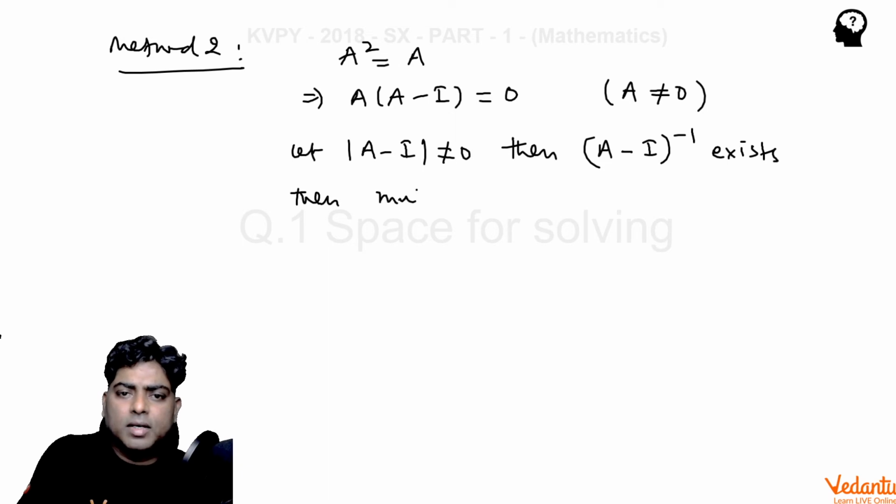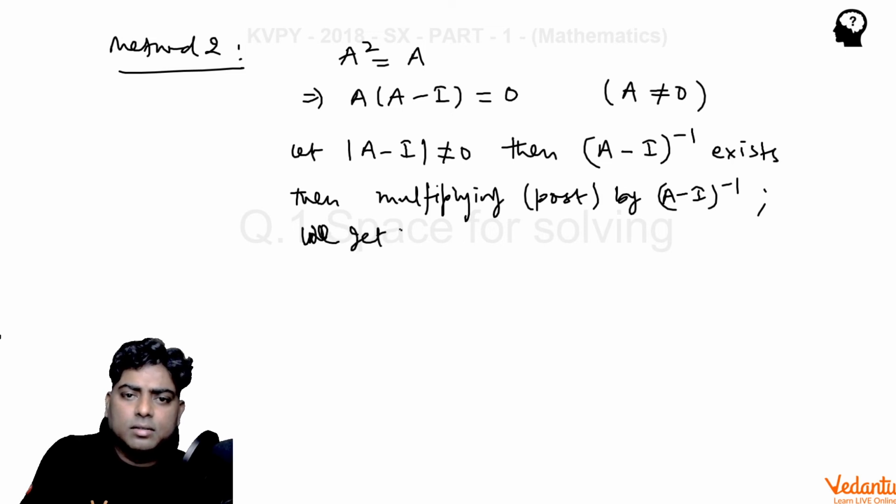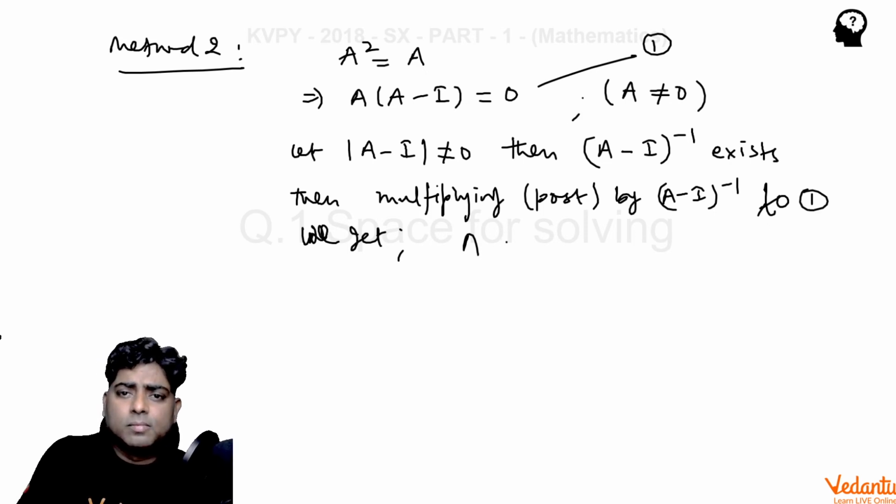Then post multiplying both sides by A minus I whole inverse, in equation 1, we get A as O. It is impossible.